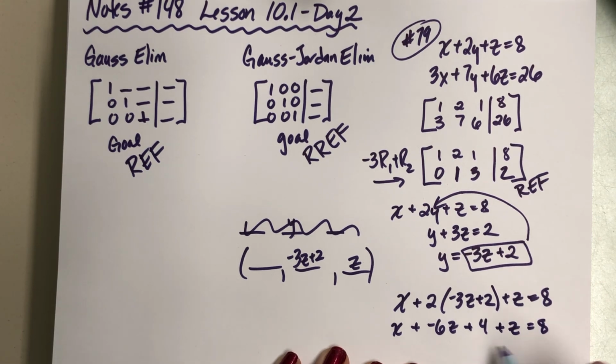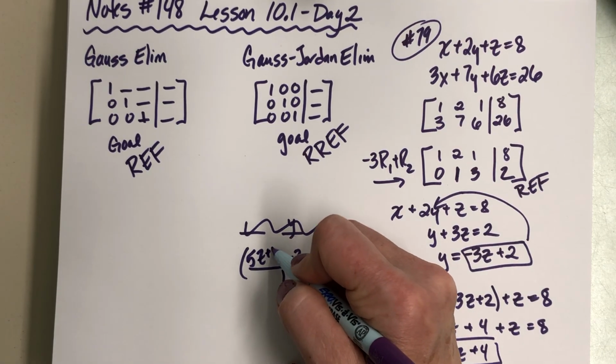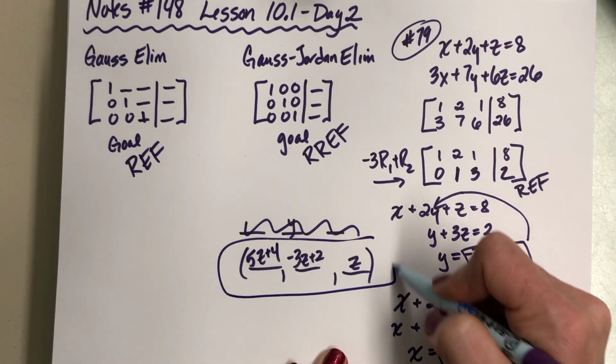If I pull it all together, I can solve for x. So x is equal to negative 5z, so if I pull it to the other side, that's going to be 5z, and bring the 4 over, that's going to be plus 4. So now I've solved for x as well. That's going to be 5z plus 4. All right, so I've come up with an answer.